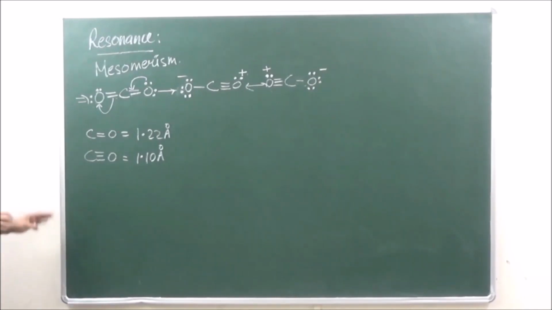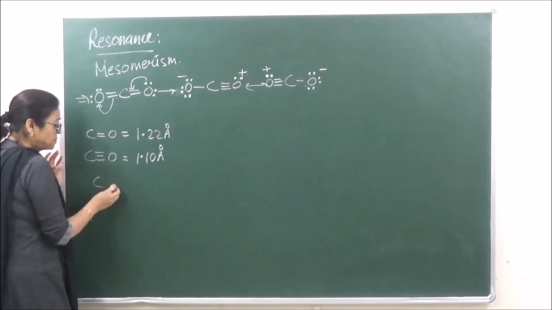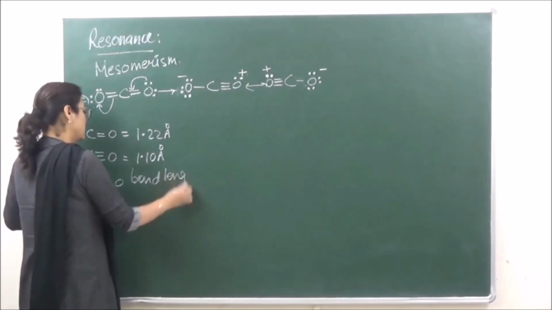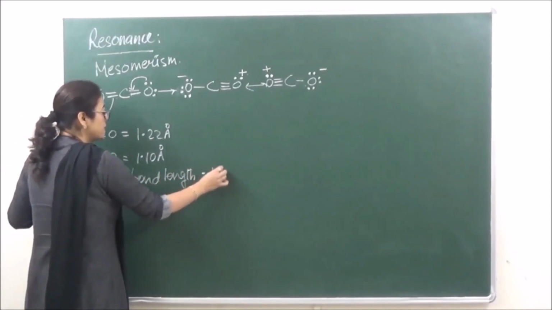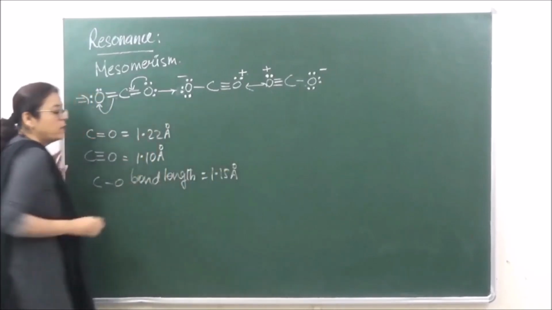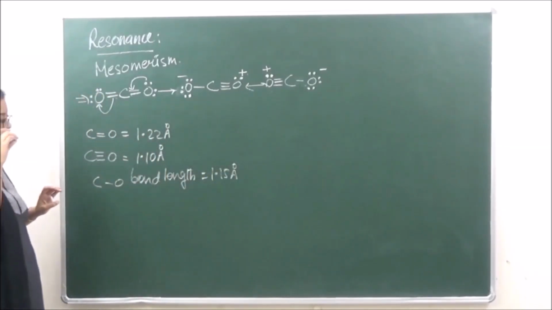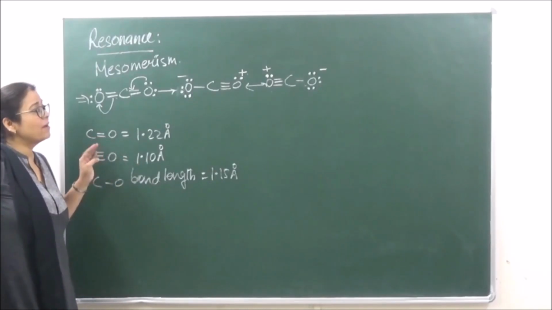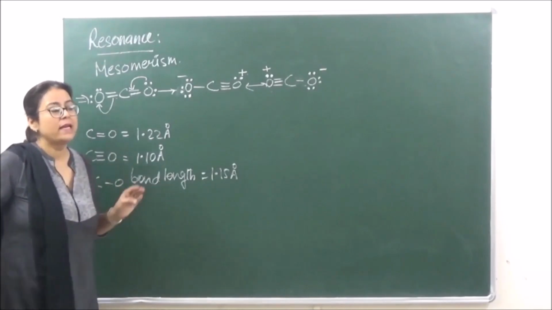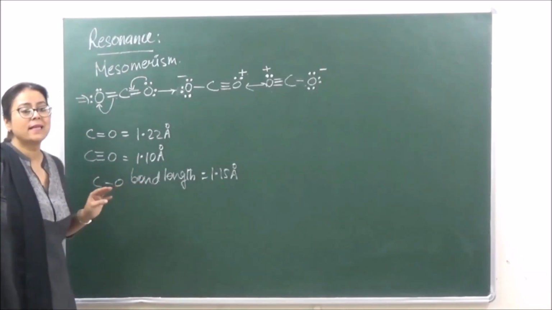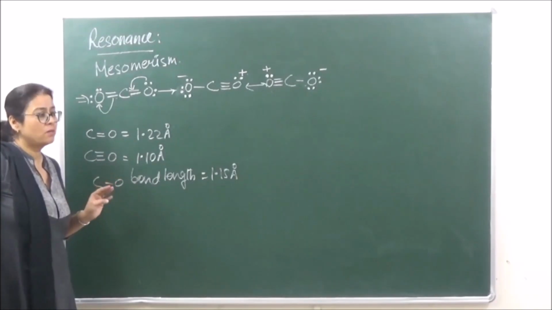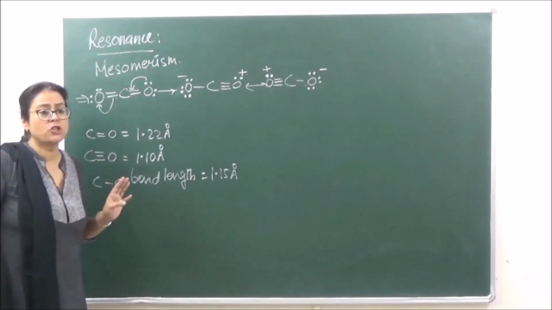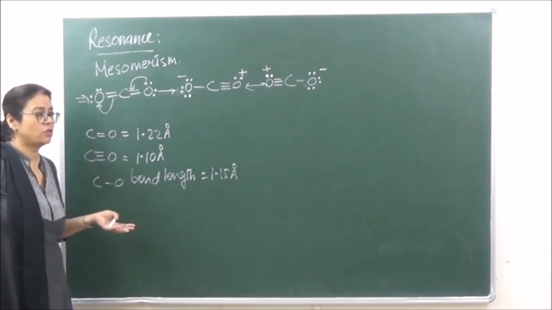It is seen that the carbon oxygen bond length in carbon dioxide is calculated to be 1.15 angstrom, right, which is in between triple bond and double bond. So whenever one particular structure is unable to explain the characteristics of that particular molecule, it is suggested that the molecule does not exist in one structure, but it exists in more than one structure, right?